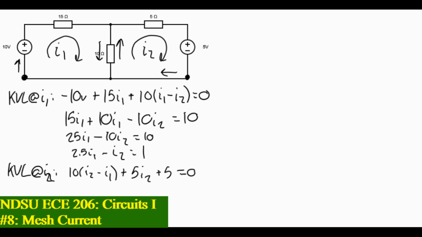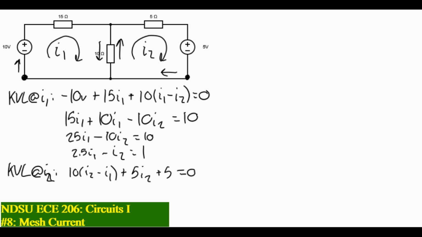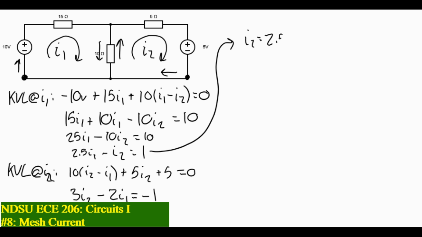I'm kind of running out of room, so I'm just going to skip to the simplified version of this equation. It's going to be 3 I2 minus 2 I1 equal to negative 1. Awesome. We have two equations, two unknowns. Let's just go through and solve it. We're going to use this equation and just solve for I2, which is going to give us 2.5 I1 minus 1 is equal to I2.